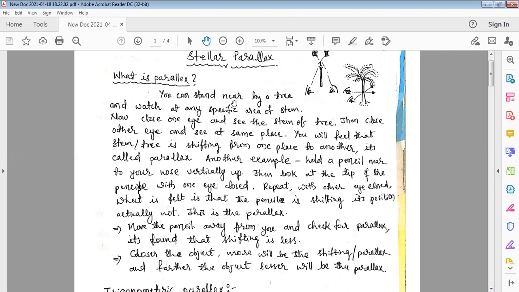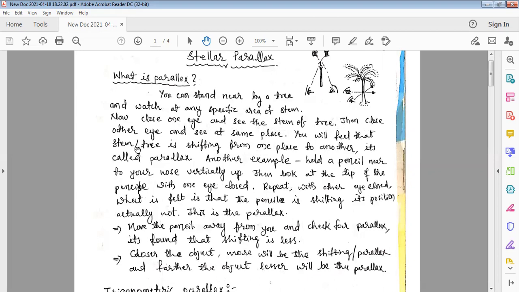You can stand nearby a tree and watch at any specific area of the stem. Here I have shown a tree. This is the stem of this tree, and you can watch somewhere here. Now you close one eye and see the stem of the tree.